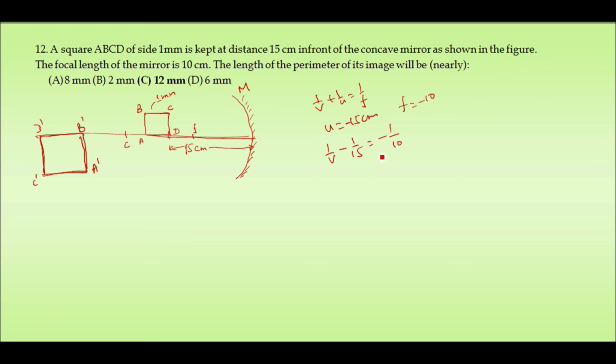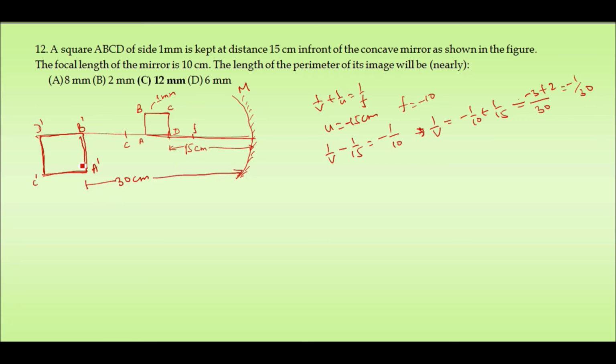So from there we get 1 by V is equal to minus 1 by 10 plus 1 by 15, and it is equal to, with LCM 30, minus 3 plus 2, that is equal to minus 1 by 30. So this image distance is equal to 30 centimeter.